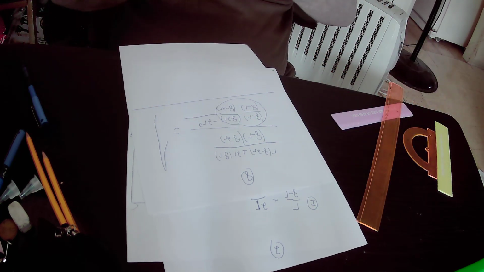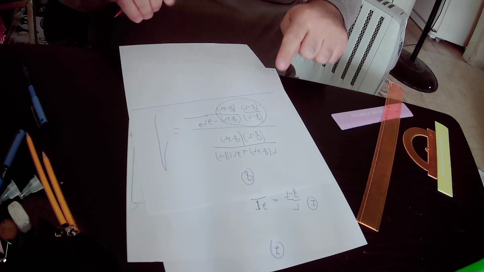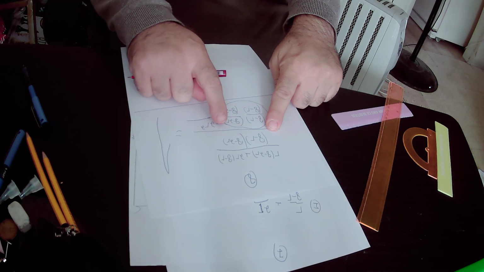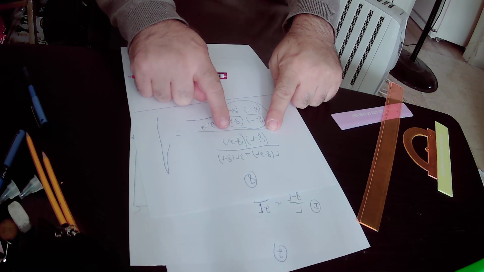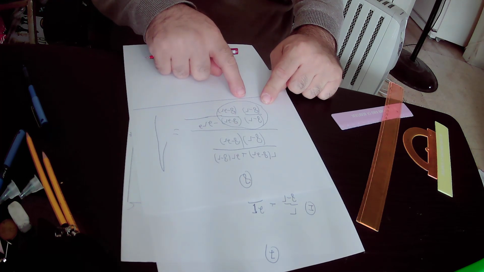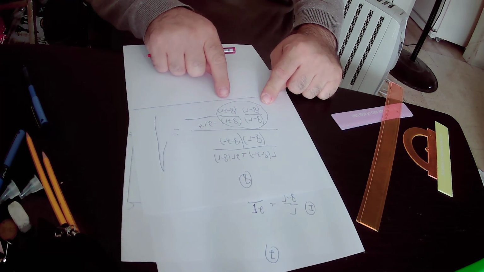So here we have 8 minus r times 8 minus 2r in the denominator, and we have 8 minus r times 8 minus 2r, exactly the same expression in the denominator.